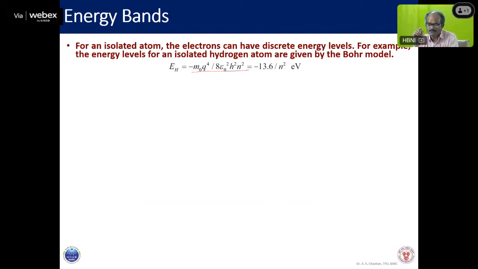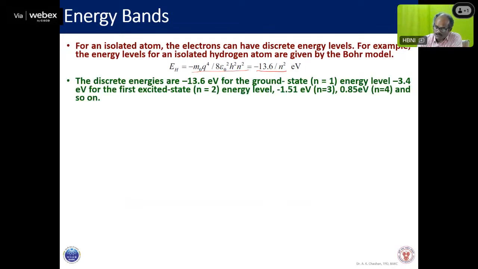Those levels which are allowed for atoms, for the hydrogen atom, are given by this. For different atoms the values are different. For hydrogen, because it's a simple atom, it is more precisely calculated. For others, a lot of approximations have to be made.